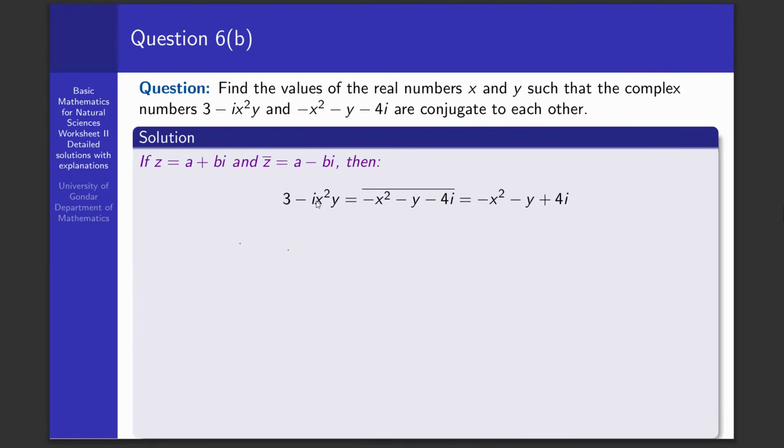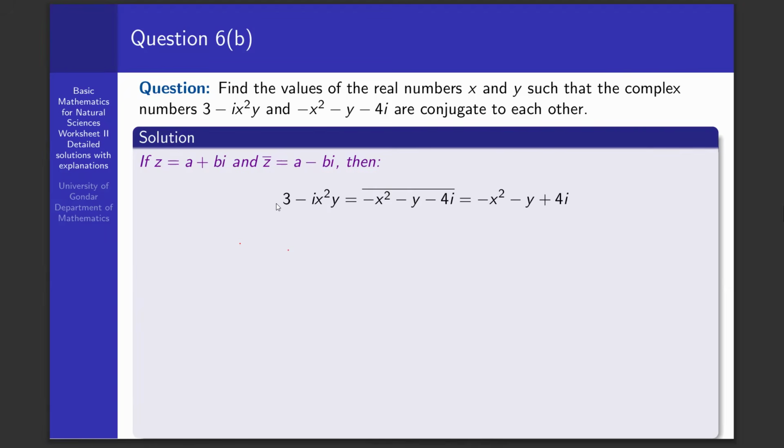Then 3 minus ix squared y is equal to minus x squared minus y minus 4i, because if these two complex numbers are such that one is the complex conjugate of the other, then to make them equal, the complex conjugate of either of these two must be identical with the other.